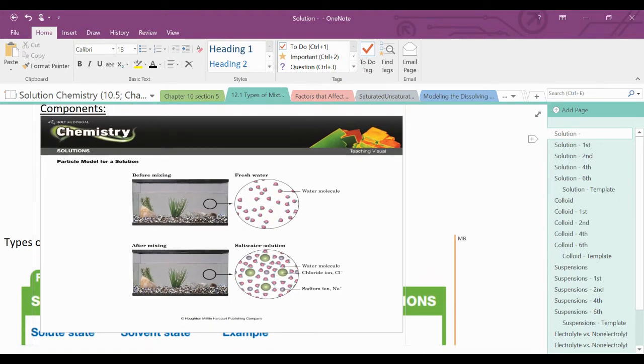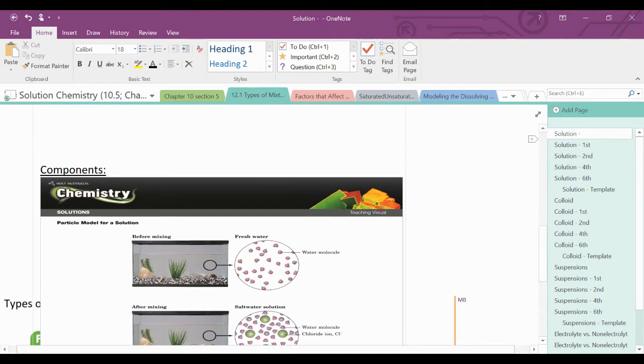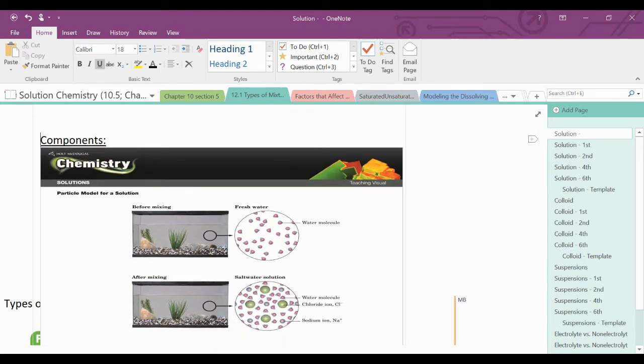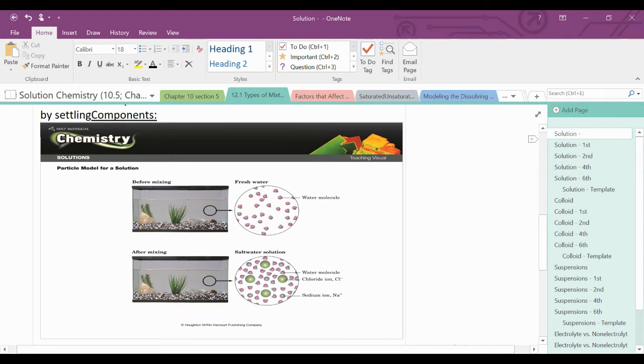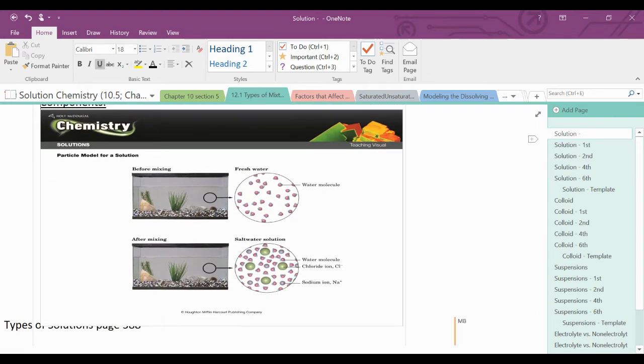Okay, so this is what I've been talking about, the substances that make up a solution. Okay, so you see fresh water. So that picture shows you just water molecules. And then the other that you see here is salt water.